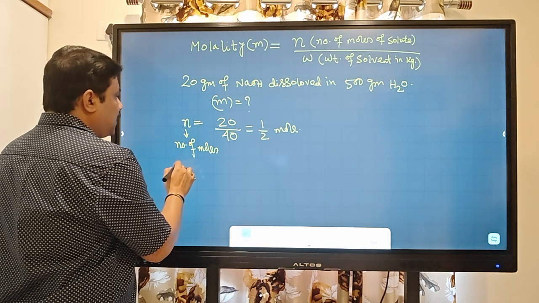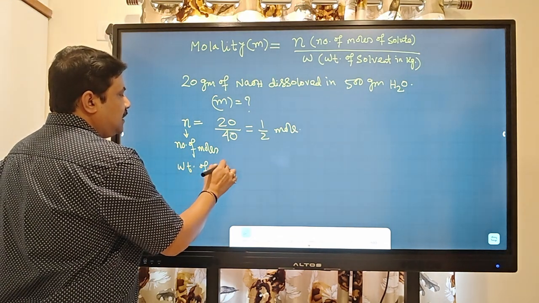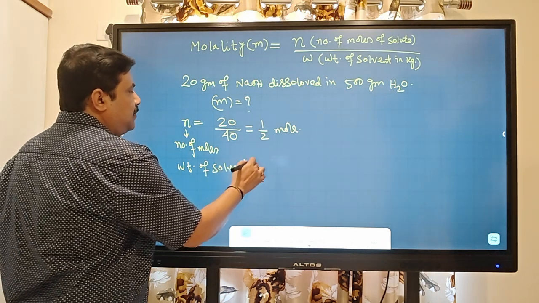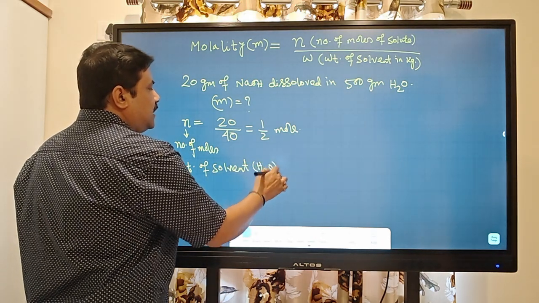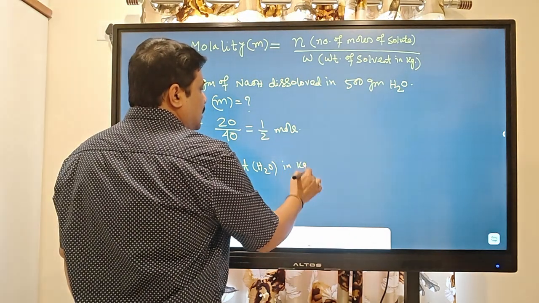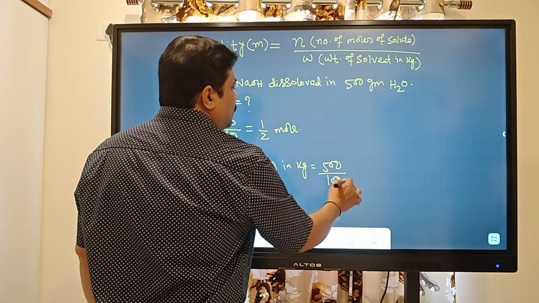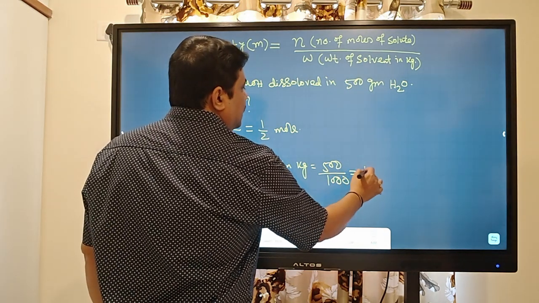Then the weight of solvent. Here the solvent means water, in terms of kg, which is 500 divided by 1000, which is 1 by 2.